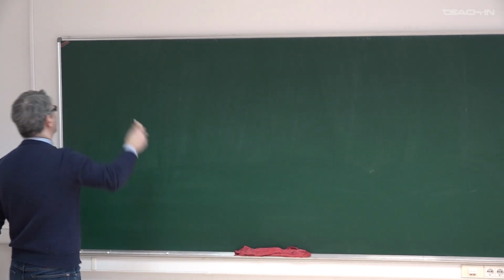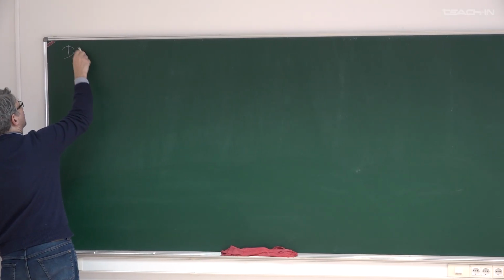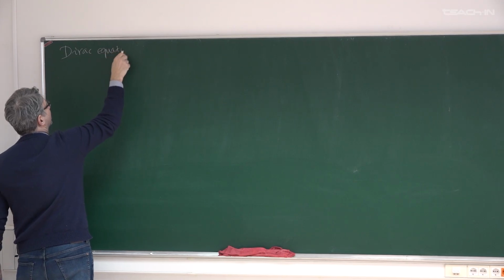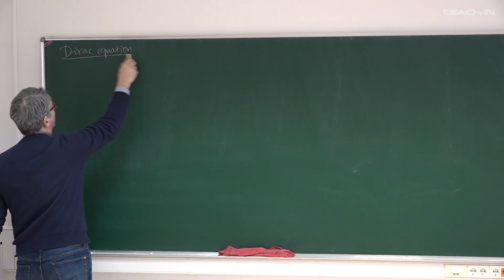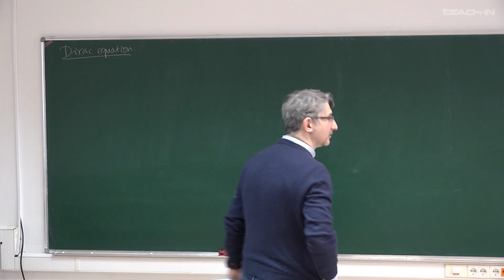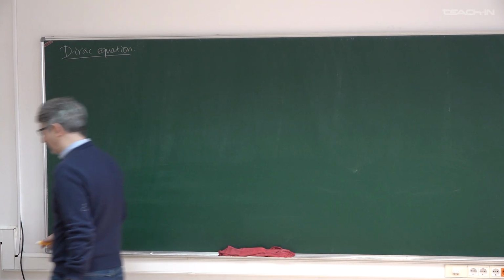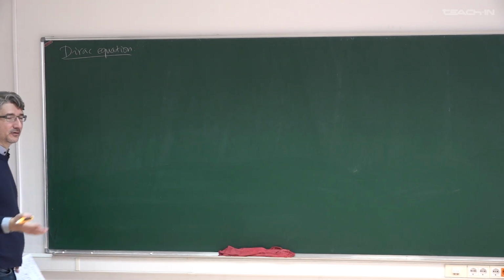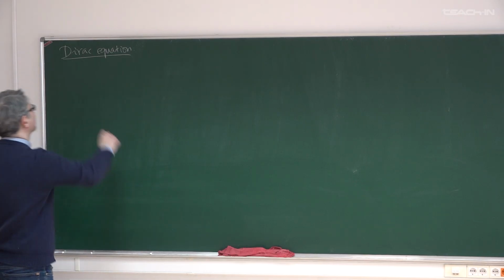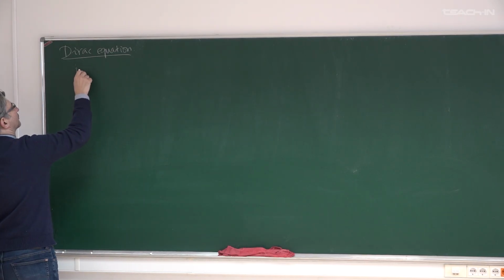So we start from a reminder from physics. What is the Dirac equation? We will not use it. Nevertheless, we want to look at this. Guys who study physics already know what it is. Guys from the Department of Mathematics maybe will be a little bit surprised.